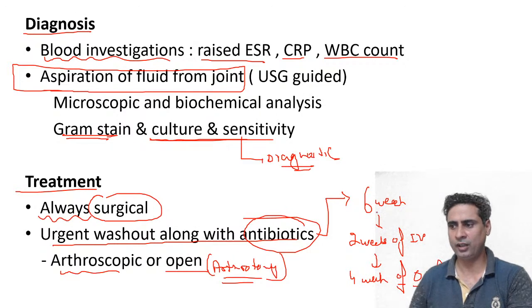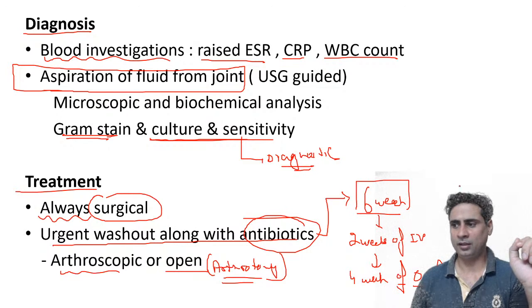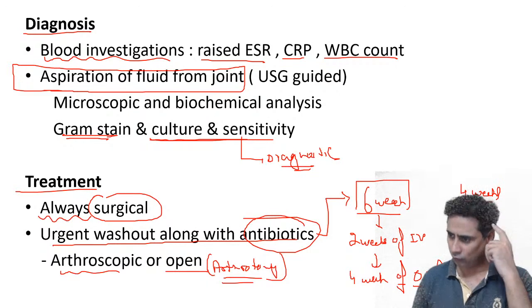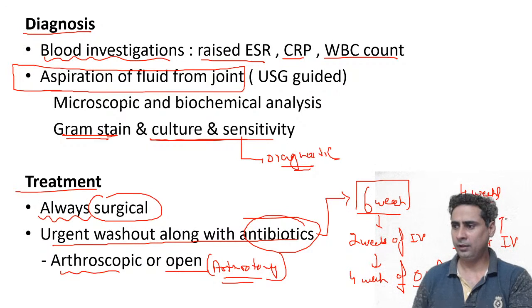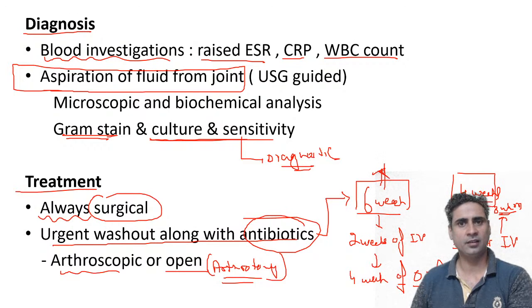This is the traditional and most commonly used protocol. Nowadays some surgeons also use 4 weeks, that is 1 week of intravenous followed by 3 weeks of oral. Okay, but most commonly used is 6 weeks.